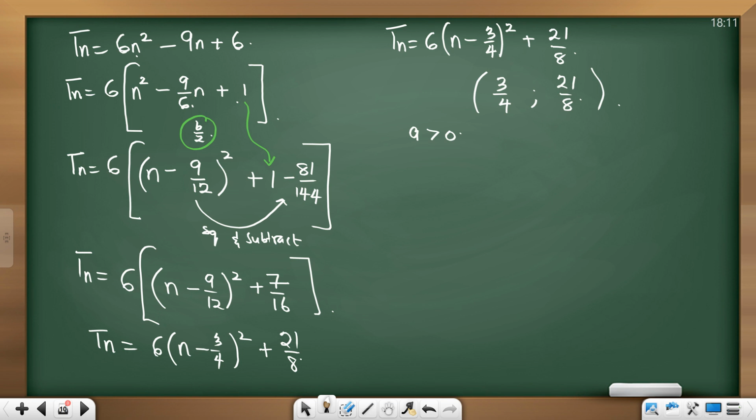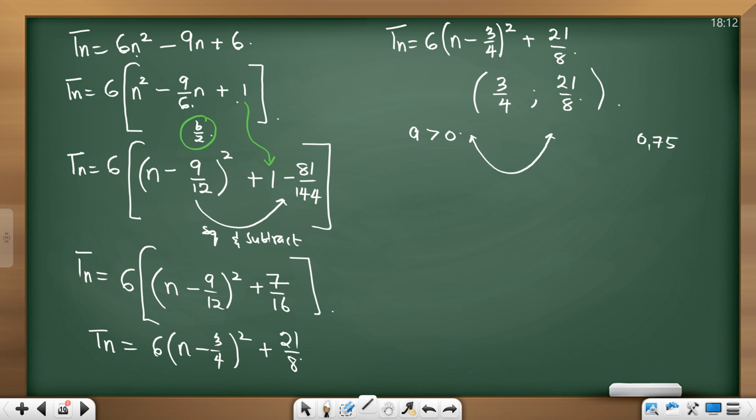Greater than 0. Watch this. It means your graph, I hope you guys can see it. When a is greater than 0, you have a smiley face. My a is 6, greater than 0. What does this 3 over 4 mean? 3 over 4 is actually 0, watch this.